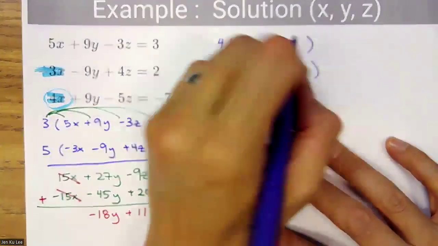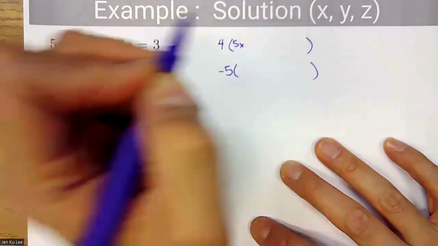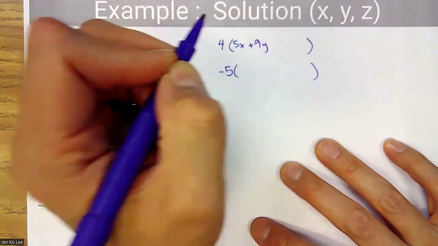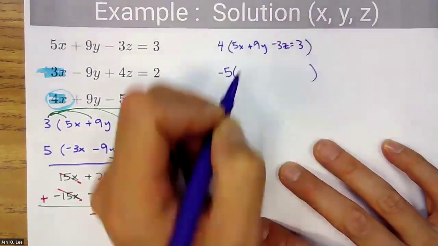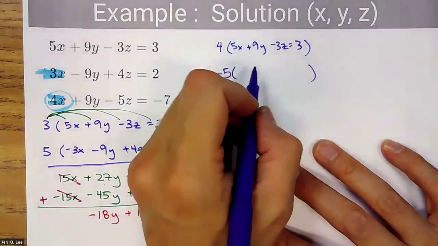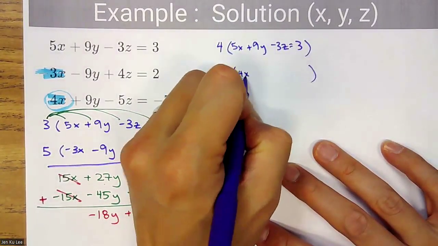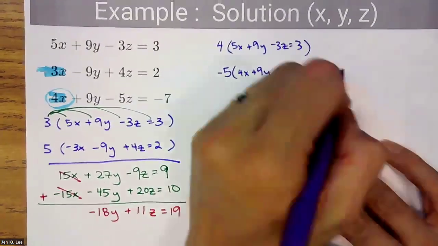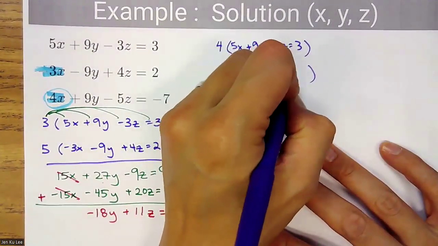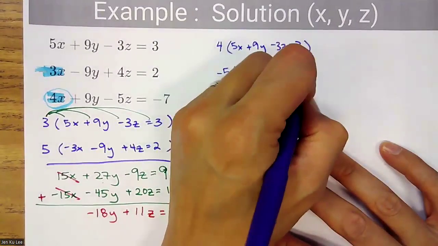Okay? So 5x plus 9y minus 3z equals 3. And then the bottom one is 4x plus 9y minus 5z equals negative 7.